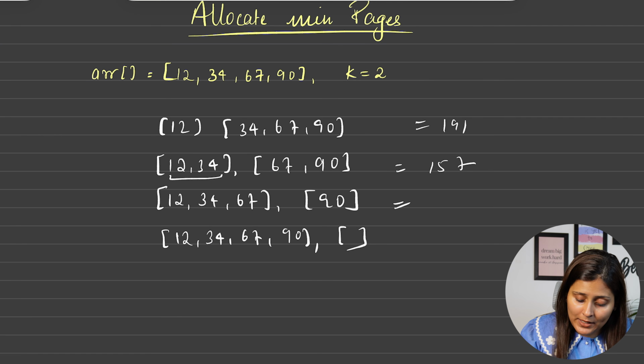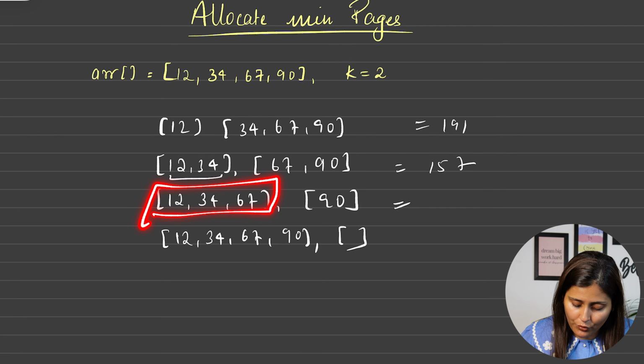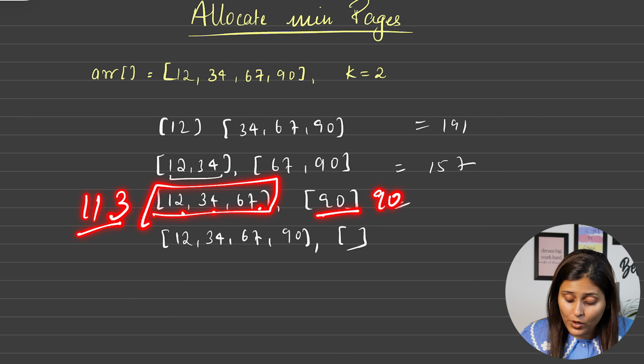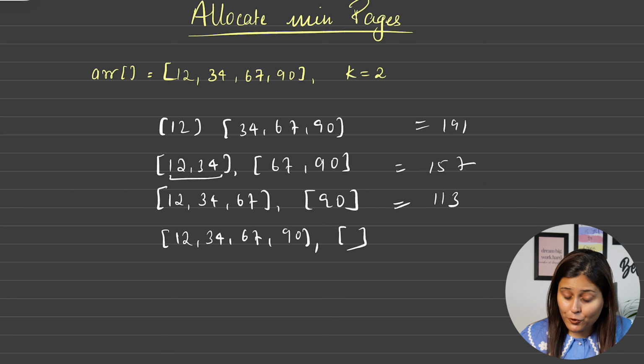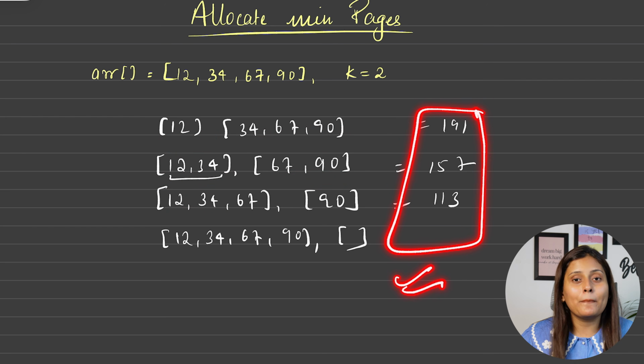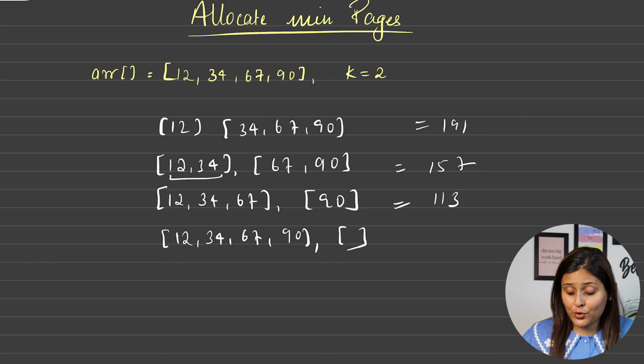For the third combination, the summation is 4 plus 2, 6, 7, 13, 3, carry 1, 113, and for this 90. So what is the maximum? Obviously 113. So out of all these combinations, you take the maximum of each, and out of these you have to return the minimum. Basically you have to minimize the maximum possible value.